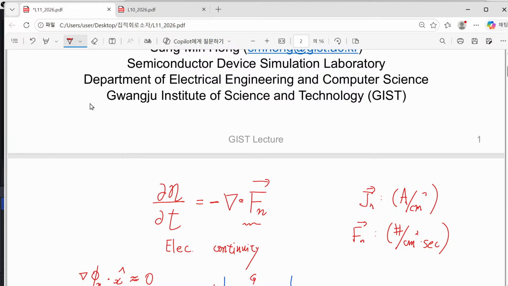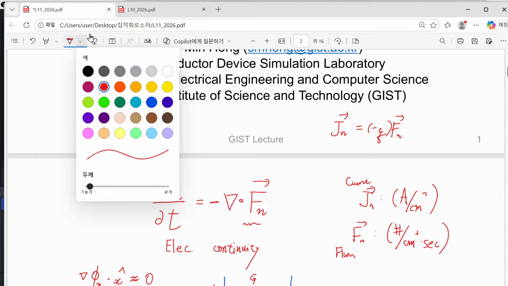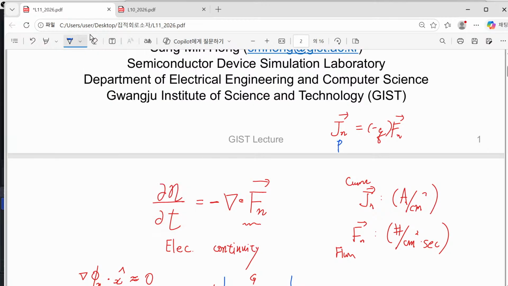So this is the flux, and this was the current density. And if you remember correctly, they have a proportionality. What was the proportional coefficient? That was minus q, because minus q is carried by our electrons. And if we go to, for example, a hole, then the relation becomes positive q, because positive q is carried by our holes. So you remember the relation between current density and flux.